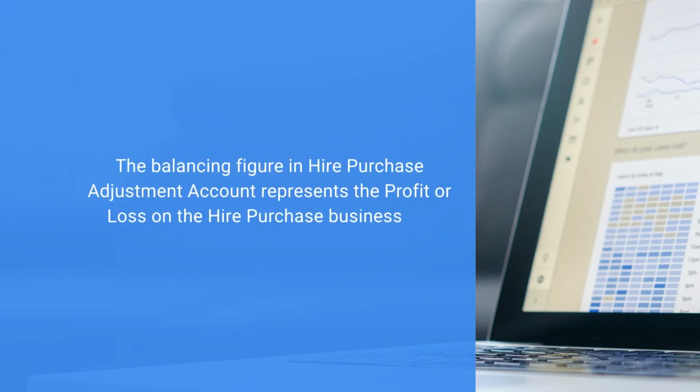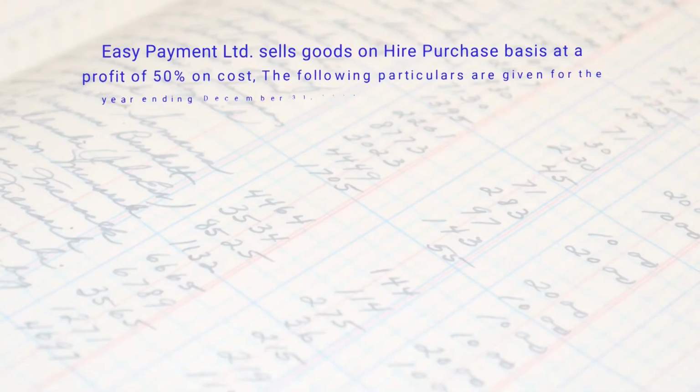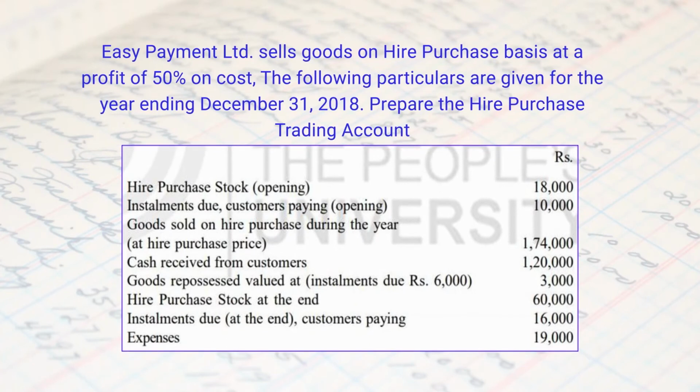The balancing figure in the hire purchase adjustment account represents the profit or loss on hire purchase business. So, we can now easily understand the implications of this information on calculation of net profit under the hire purchase system for the products which are of small value.